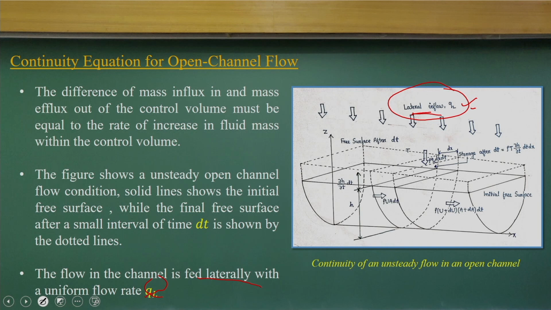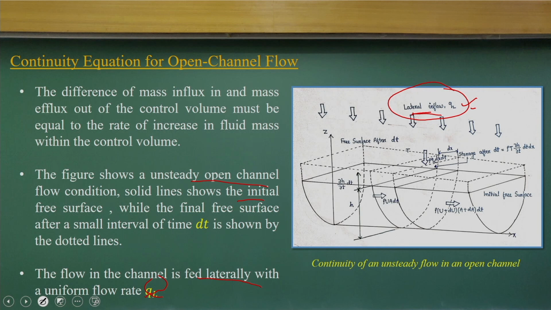If you are considering that, now if you see this figure, this is the control volume, this is the river, you have a river shape, and that is what we call unsteady open channel flow. The solid line shows the initial condition, t equal to 0. At t equal to delta t, your surface becomes the updated one.